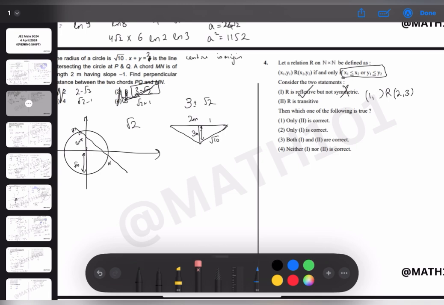Make it 1 comma 4 and 2 comma 3. So this is true. And 2 comma 3 and 0 comma 3.